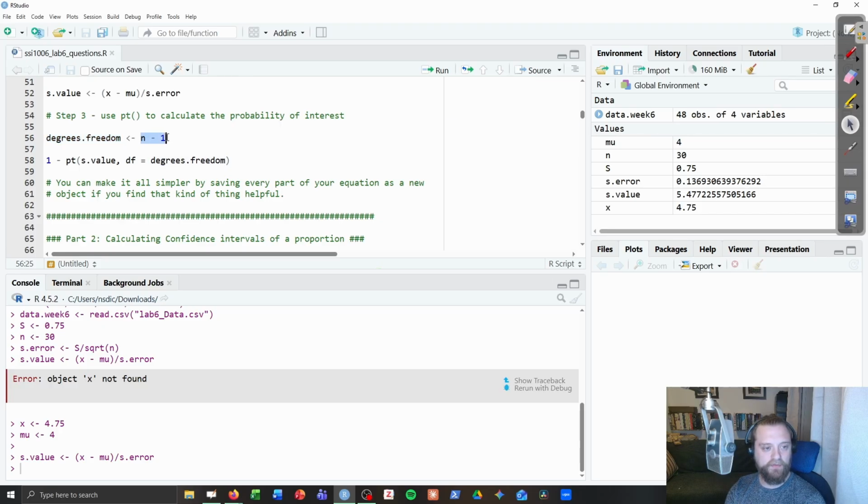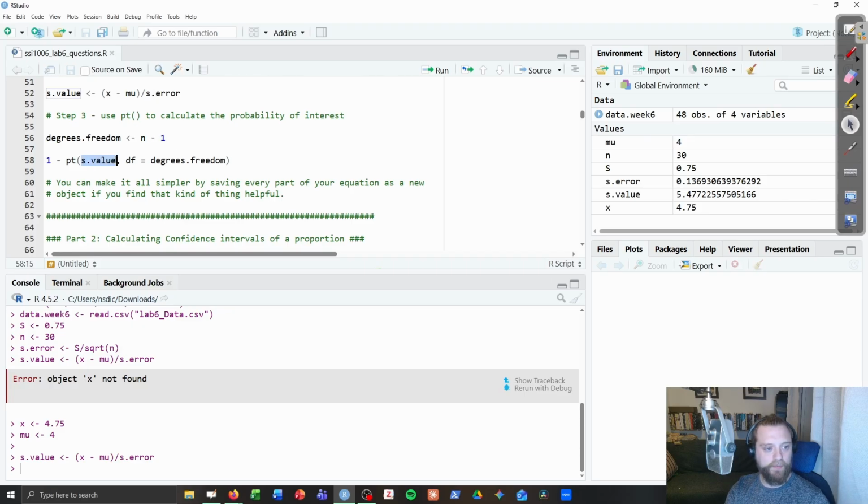But for the purposes of this, the degrees of freedom just need to be n minus 1. So n is 30. And then we subtract 1 from that number. Now this is because it's a univariate test.